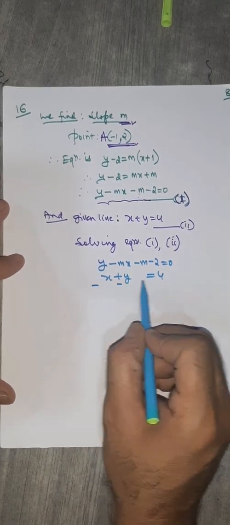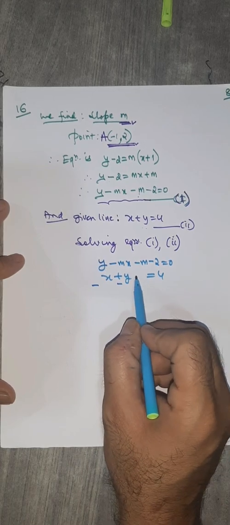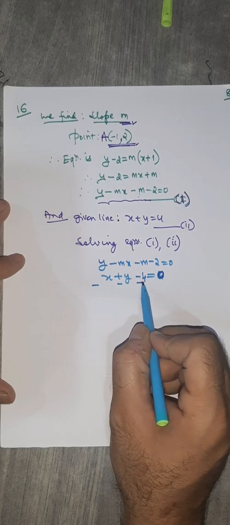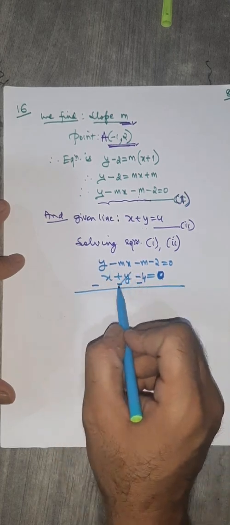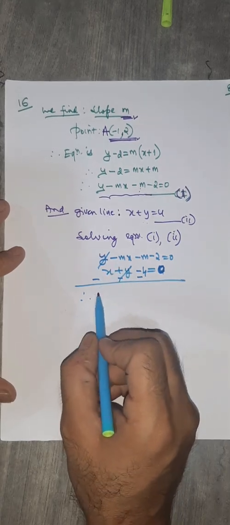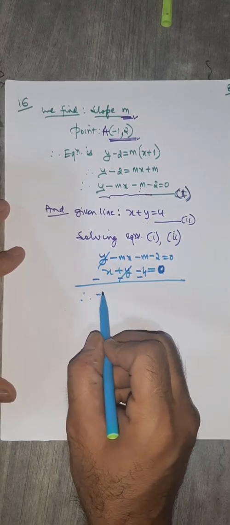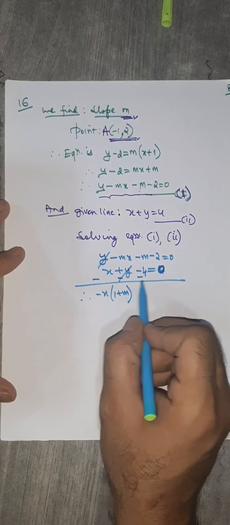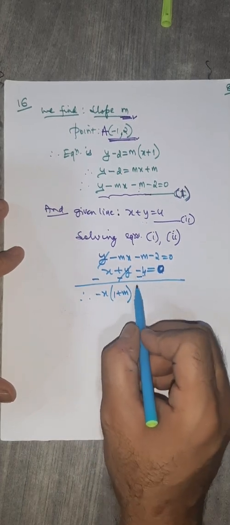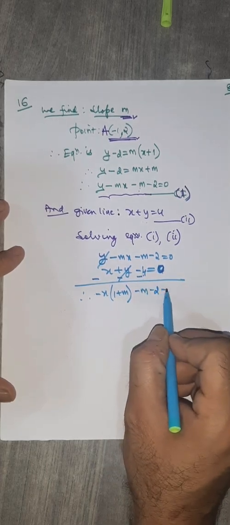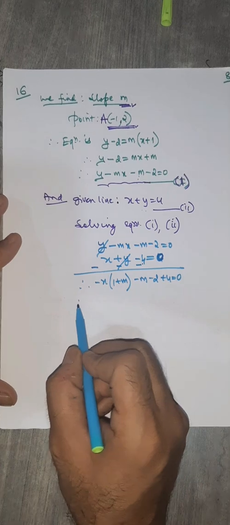Just change the sign here: minus 4 equals 0. So this y will get cancelled. You can take minus x common, so this is 1 plus m, and this is plus 4. So minus m minus 2 plus 4 equals 0.